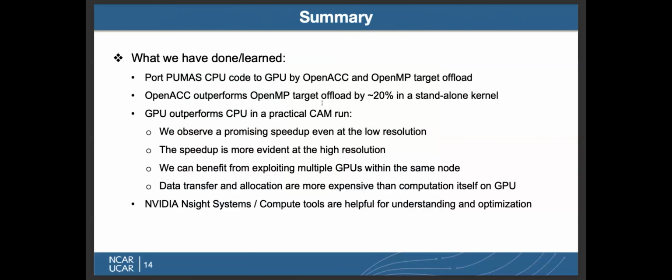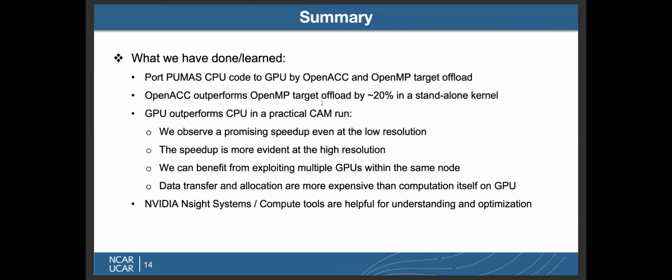and that should be the focus of our optimizations in future work. So as a summary, in this work, we have ported the cloud microphysics parameterization known as PUMAS in CAM from CPU to GPU by the directive-based method. OpenACC generally outperforms OpenMP target offload by 20% in the standalone models, and the GPU simulation can outperform the CPU simulation in a practical CAM simulation, even if we are using low resolution configurations.